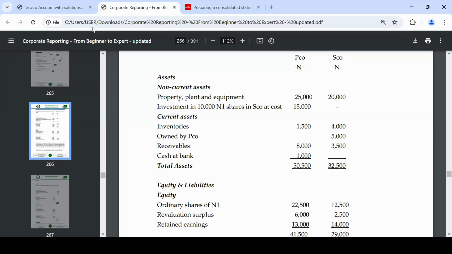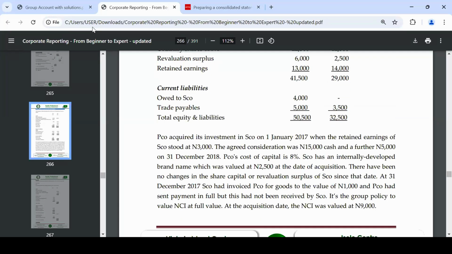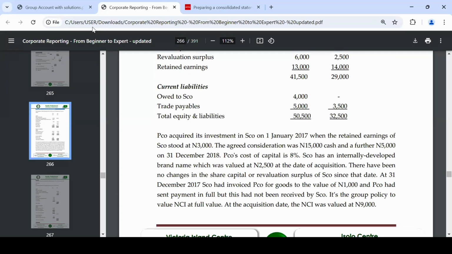Okay? Now, if that be the case, when it is time for PICO to acquire ESCO, ESCO now brought up this brand name matter and said, we have internally developed a brand name and we are going to value it at 2.5 million or 2,500 naira at that date. And PICO agrees to pay that 2.5 million naira.